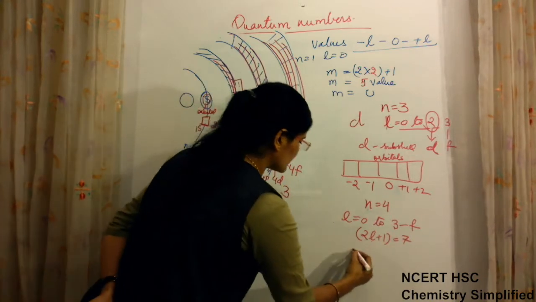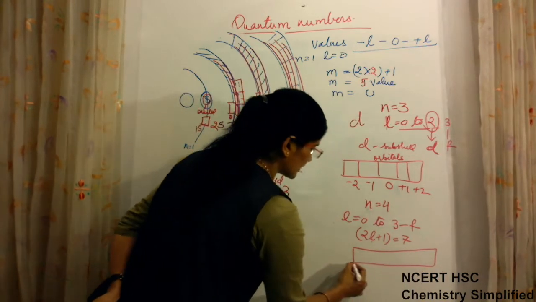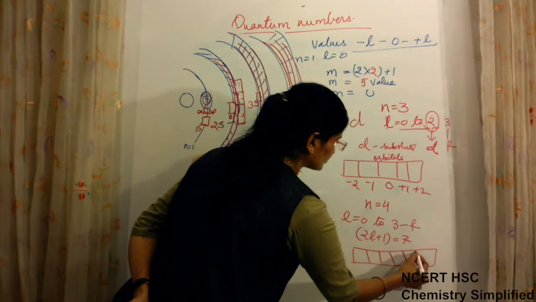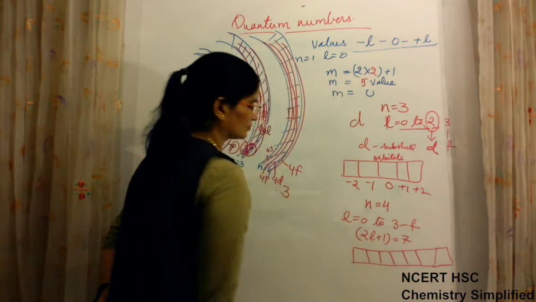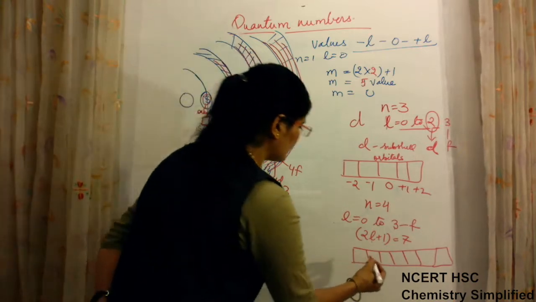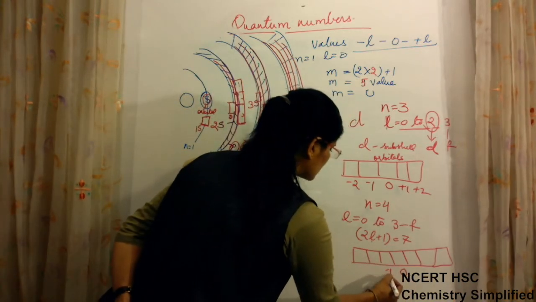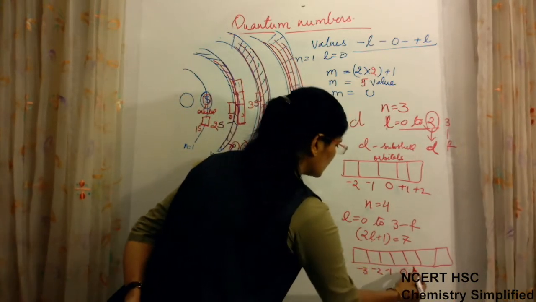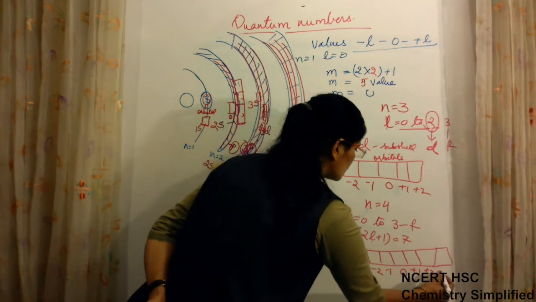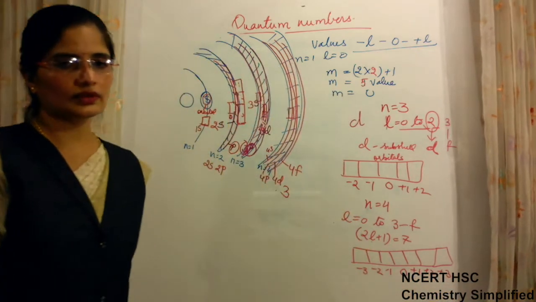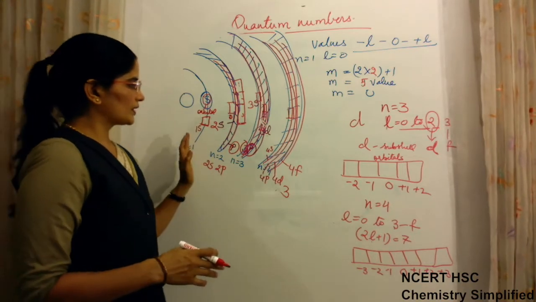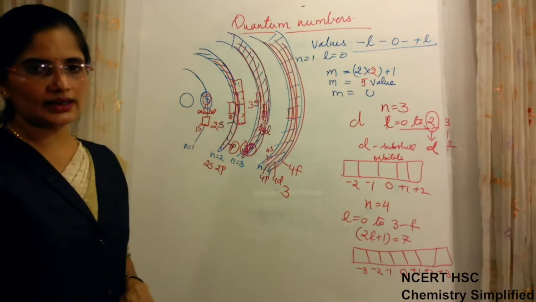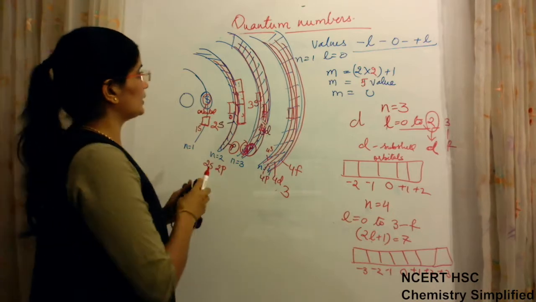When the f subshell is there, it will have 7 orbitals. Those 7 will be 0, minus 1, minus 2, minus 3, plus 1, plus 2, plus 3. In this manner, this is actually the final structure.